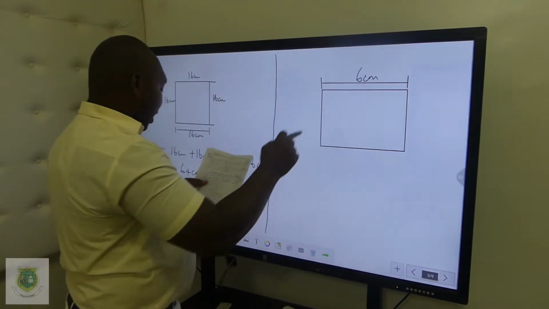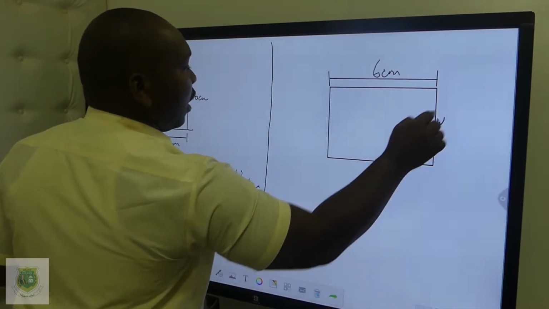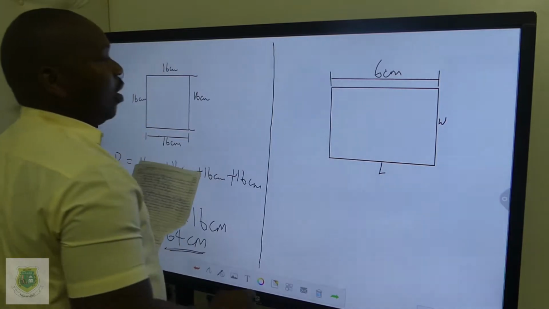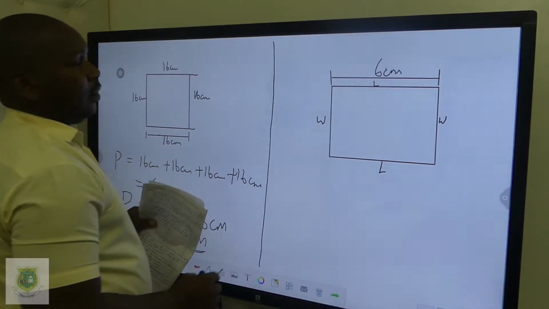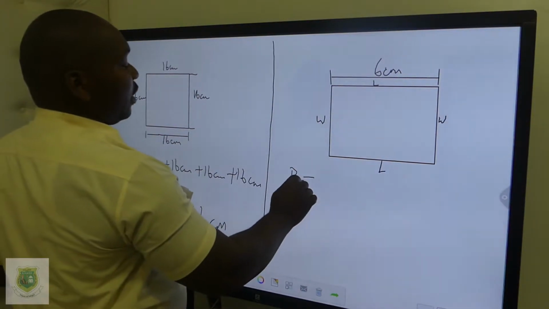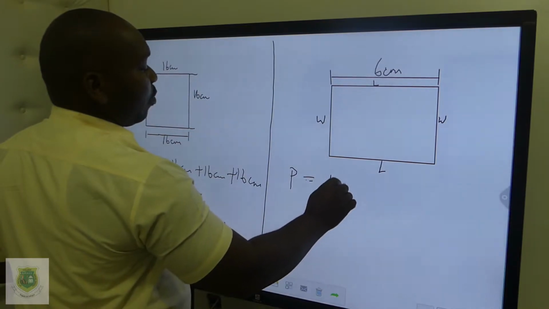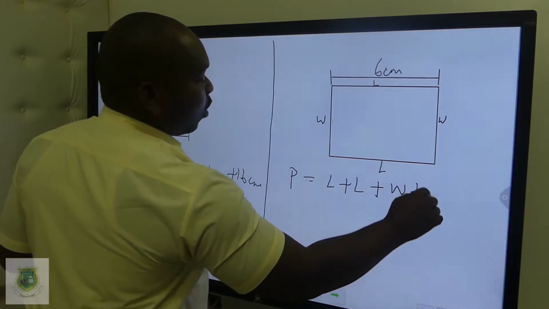So if this is a rectangle, and this place is the width, and this place is the length, this place is the width, this place is the length, the perimeter of this rectangle can be seen to be length plus length plus width plus width.